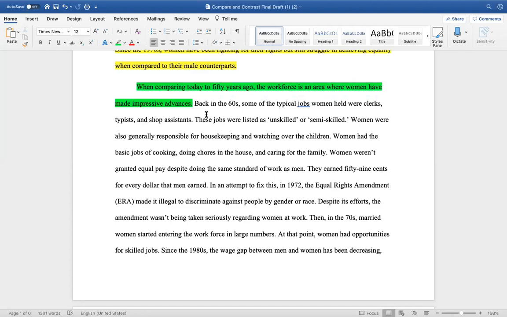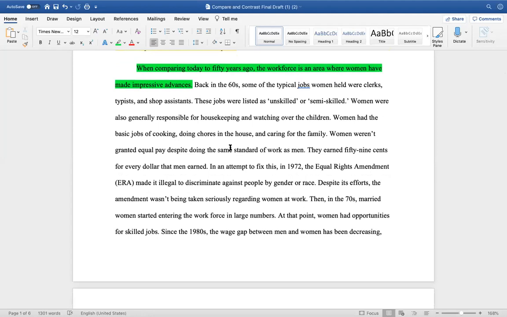Back in the 60s, some of the typical jobs women held were clerks, typists, and shop assistants. These jobs were listed as unskilled or semi-skilled. Women were also generally responsible for housekeeping and watching over the children. Women had the basic jobs of cooking, doing chores in the house, and caring for the family.